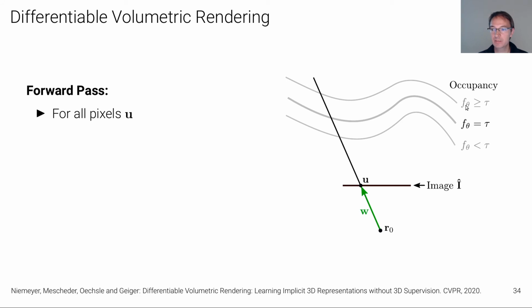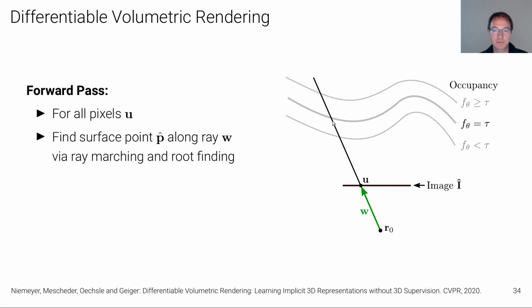And then here in 3D, we have represented the occupancy network by these 3 curves here, where the thick curve corresponds to the surface. This is where f theta equals tau. This is the decision boundary of the classifier f. And here we have, for instance, points that are behind the surface and points that are in front of the surface. What we do now for rendering is that we go through all the pixels in the image and find the surface point along the ray W via ray marching and root finding.